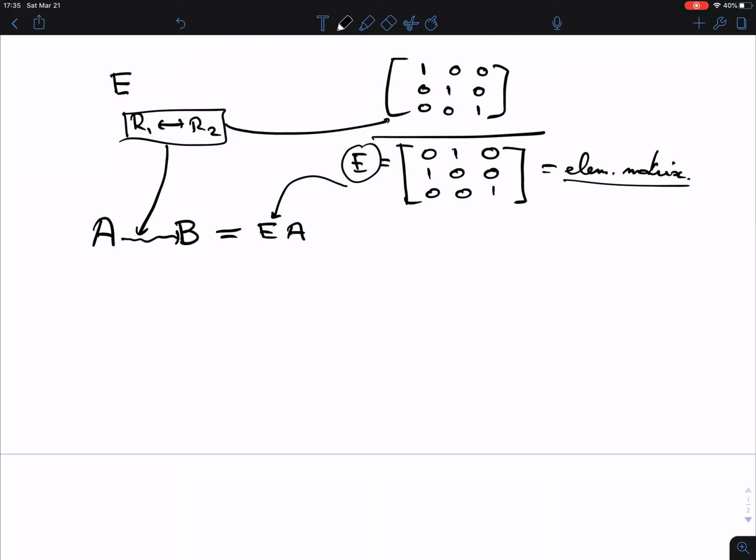What is this E? Well, apply the same row operation onto the identity matrix, and that gives you the elementary matrix corresponding to this row operation. I did this here for the switching, but this is true for all row operations. Remember this?